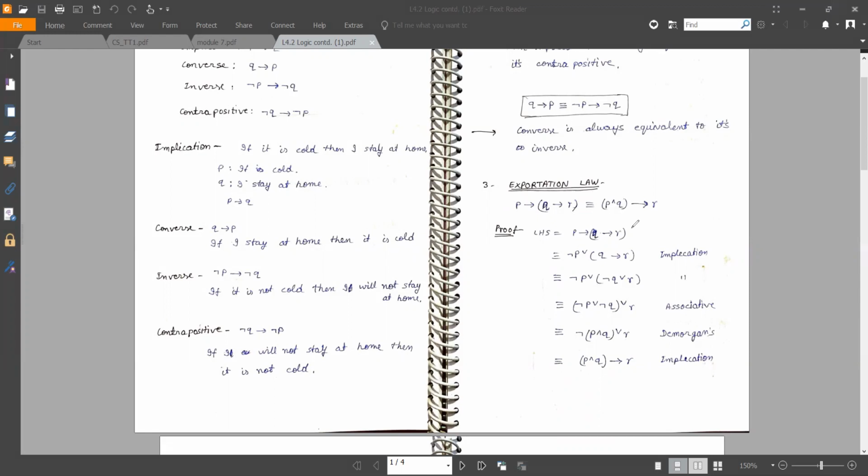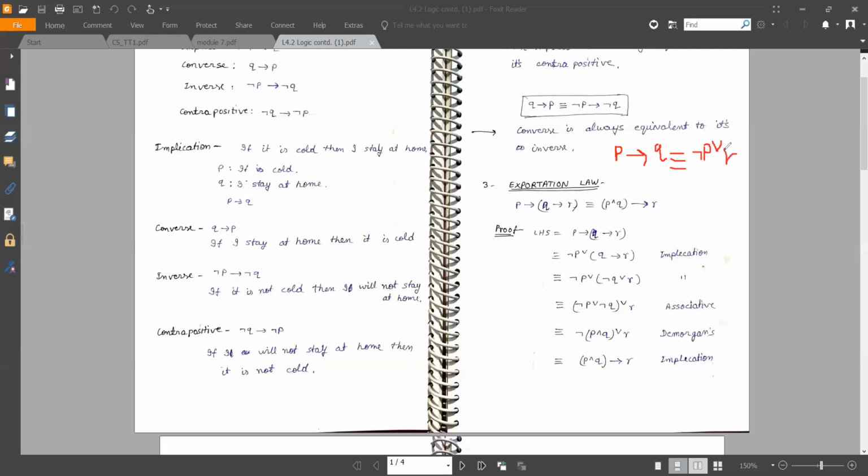See, this is very important. We can see that an implication P implies Q is equivalent to negation of P disjunction Q. Disjunction is OR.